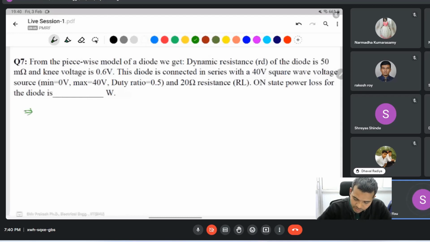Here you say power, and the diode has current I through RD plus VD, and it asks about the total power loss of the diode.